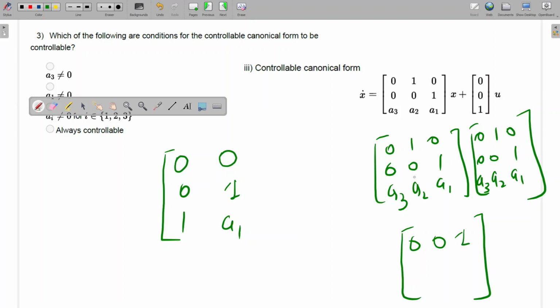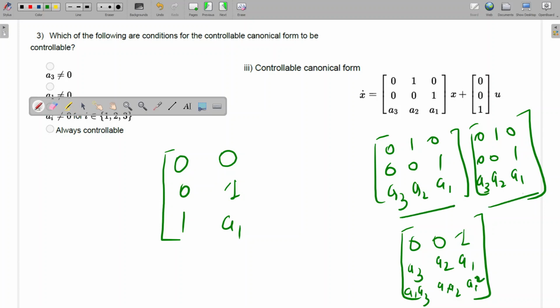Similarly for the second, it will be A3, A2 and A1. And for the last one, first row into first column, A1 A3, then A1 A2, and last will be A1 square. Is it correct?